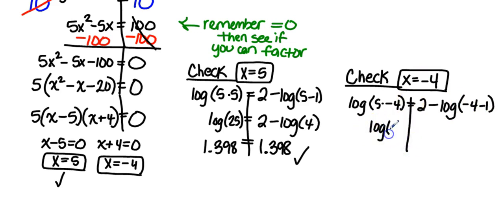We have log of -20 equals 2 minus the log of -5. Can we go any farther? Answer is no. I'm going to write myself a little reminder.